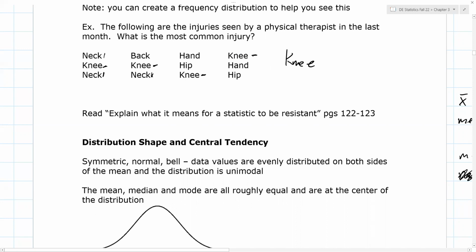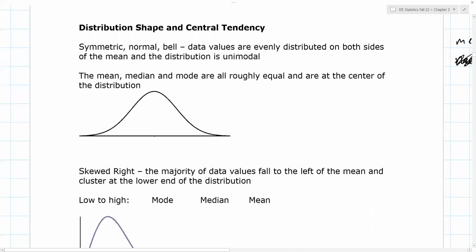First, we start with a nice, neat normal distribution. That's that smooth curve with one bump right in the middle. With that, the mean, the median, and the mode are all roughly equal. All of them are going to fall in the middle of that graph.